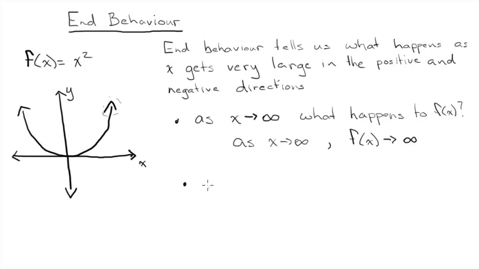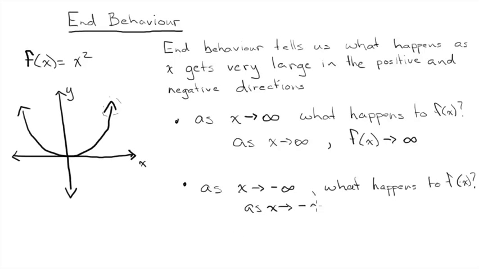The other side is the other direction. What happens as x gets very, very negative? As x approaches negative infinity, what happens to f of x? You always have to write this question down.